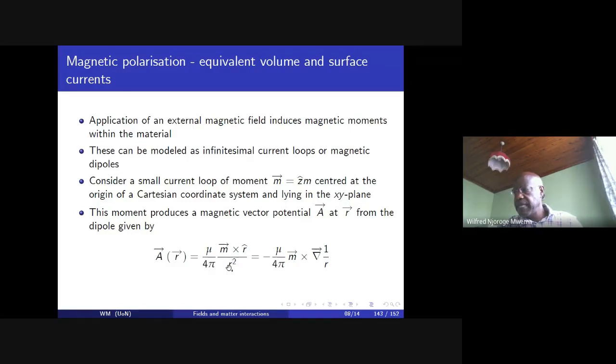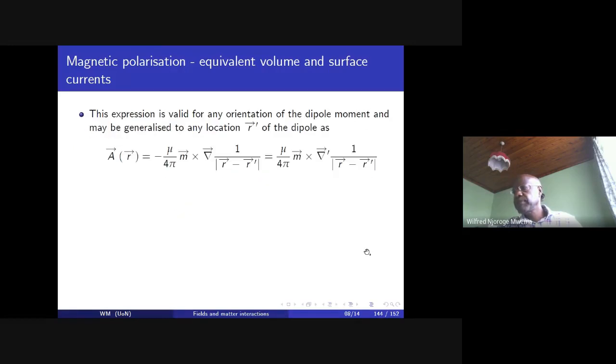That is, we are replacing the unit vector over R squared by the gradient of 1 over R. Okay, that is, 1 over R squared can always be replaced by that value there. This you can always prove for yourself after this.